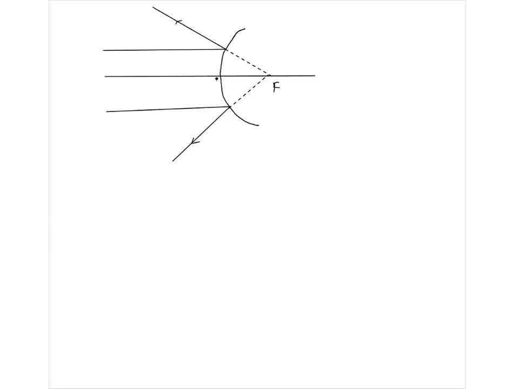And from here to here, from pole to F, is called the focal length.